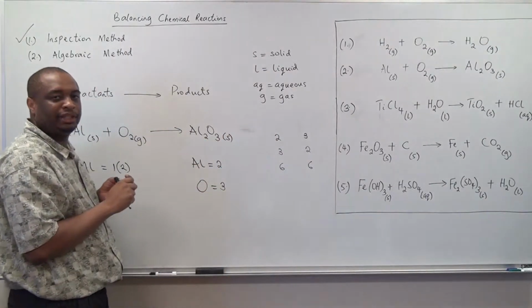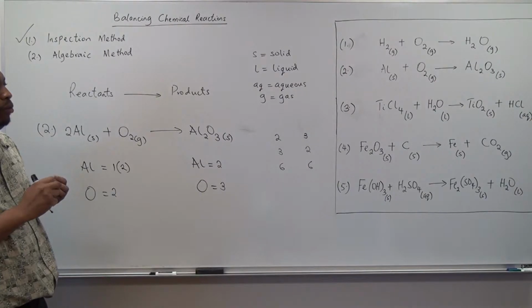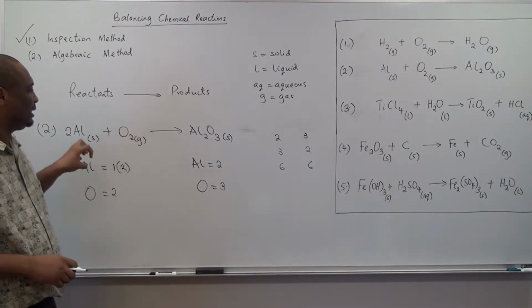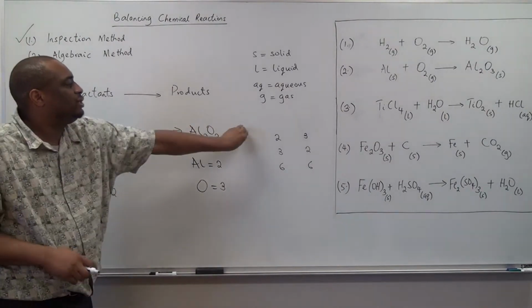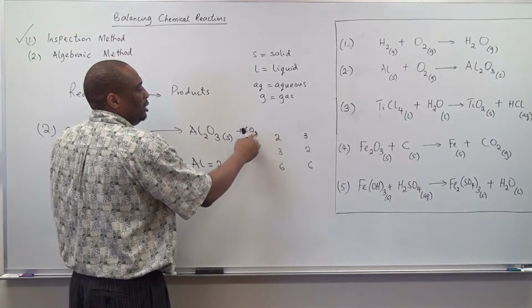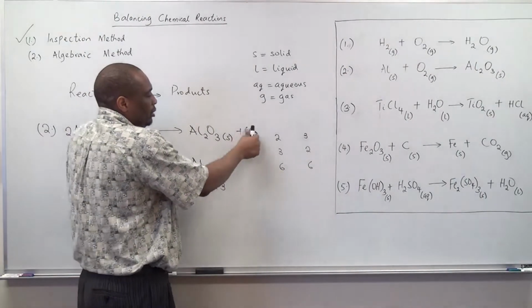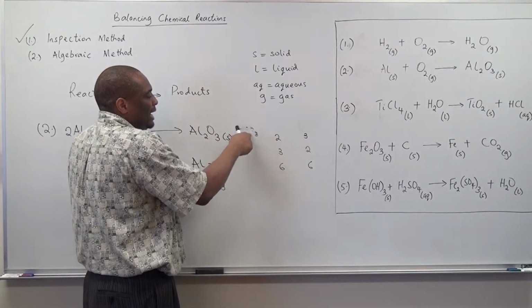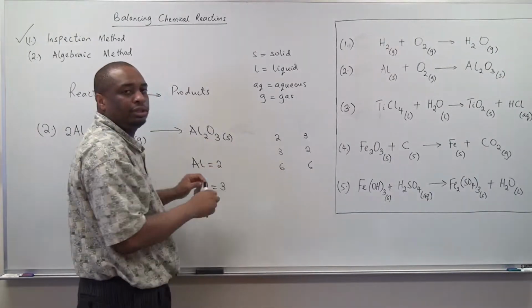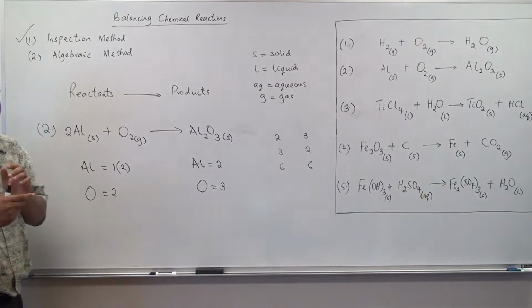We forget about the inspection method. When we do the algebraic method, I'll let you know. But in this case, we have oxygen intact here and intact here. There is no other element that has oxygen, maybe like CO2, so we'll be splitting. No. If we have another element that has oxygen, then it's best to use the algebraic method rather than the inspection method.